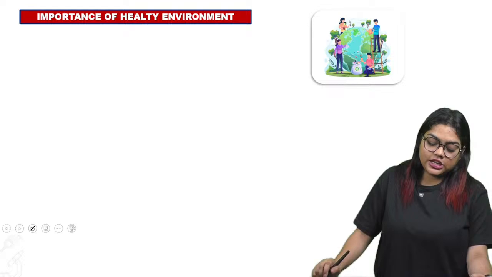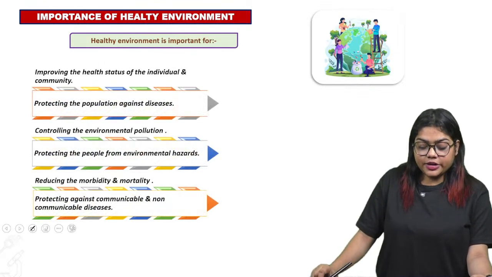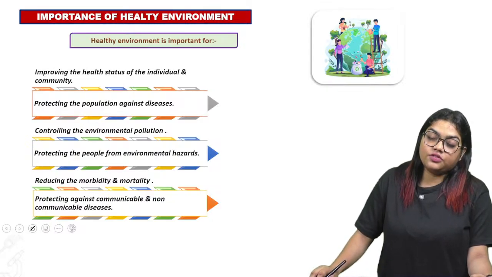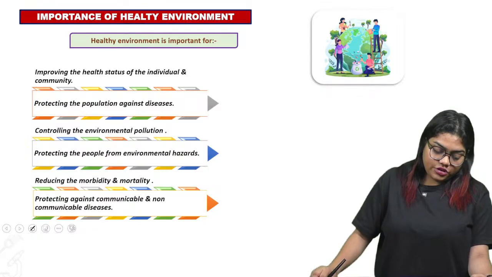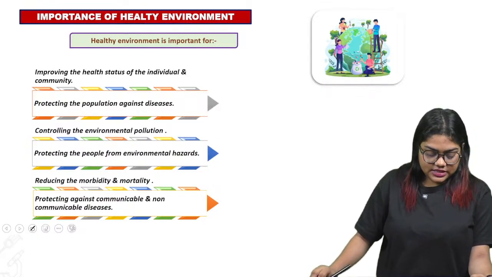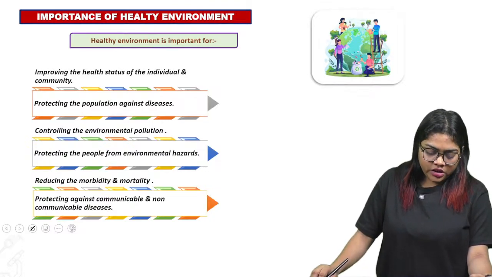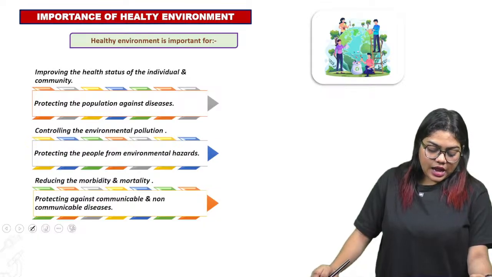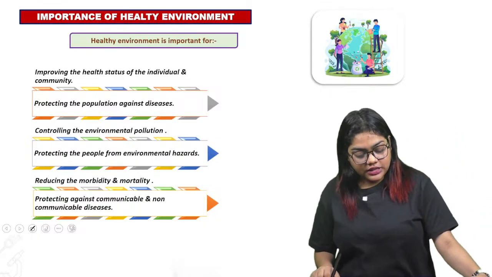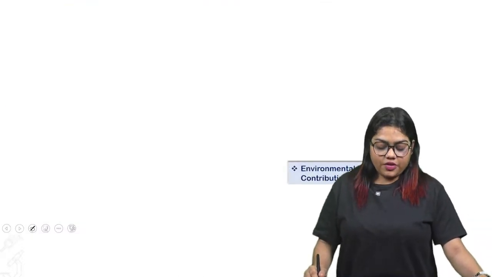Healthy environment is very important for improving the health status of individuals and the community, protecting the population against disease, protecting people from environmental hazards, reducing morbidity and mortality, and protecting against communicable and non-communicable disease. So these are the importance of maintaining a healthy environment.